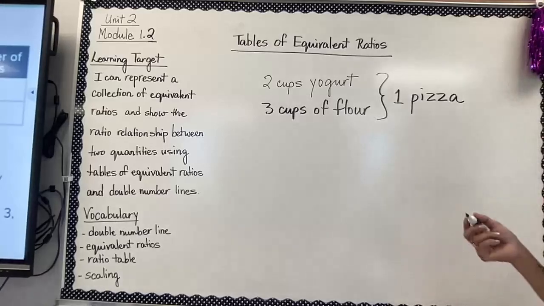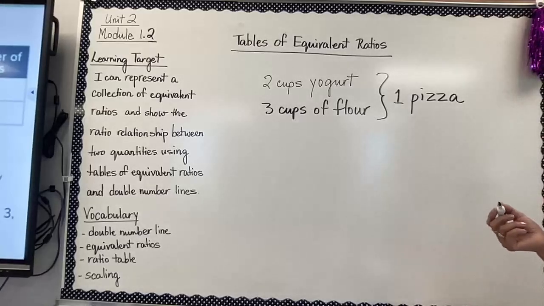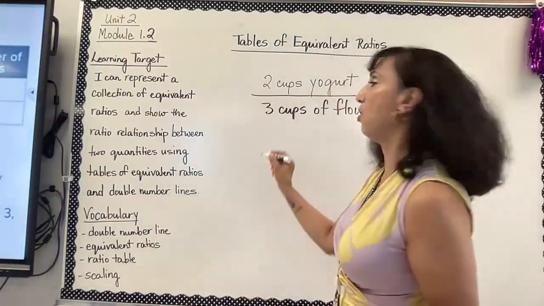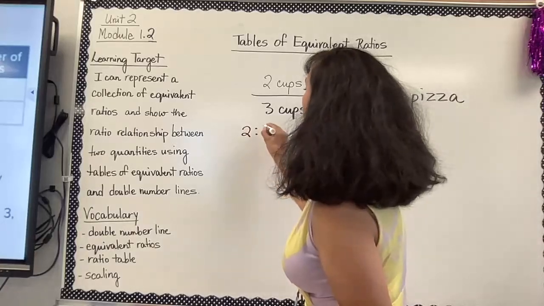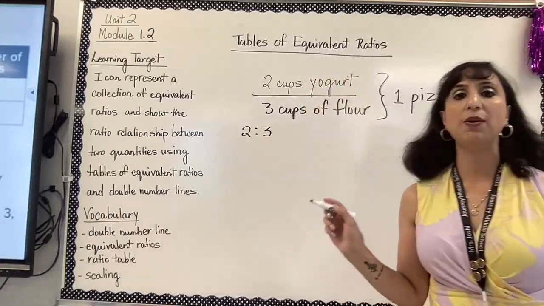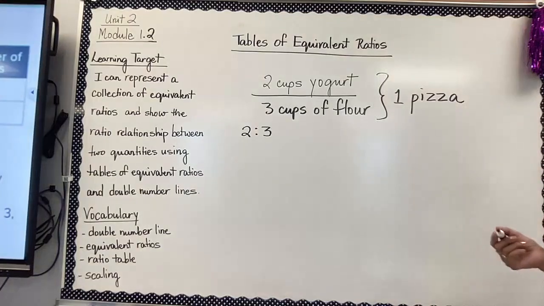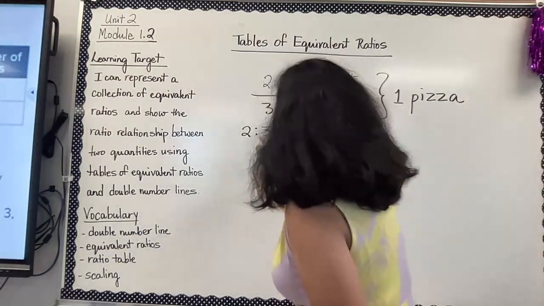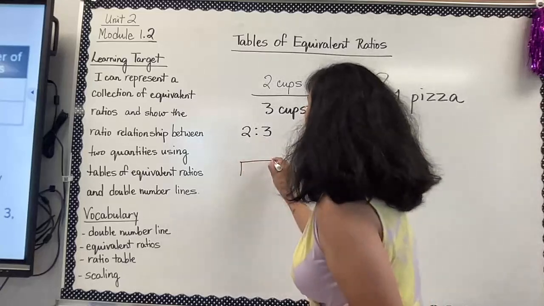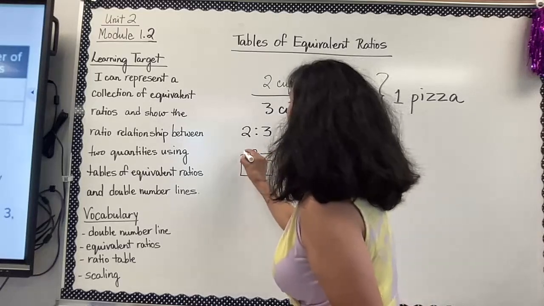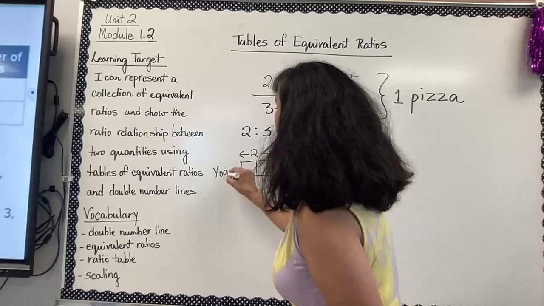So if I'm looking at this, I'm going to see that my ratio is what? 2/3, right? So I can always write it like this, 2 to 3. That is the ratio that needs to be maintained for how much? For 1 pizza, okay? So if I create a bar diagram for this, for my Greek yogurt, I have 2. This is my yogurt here.